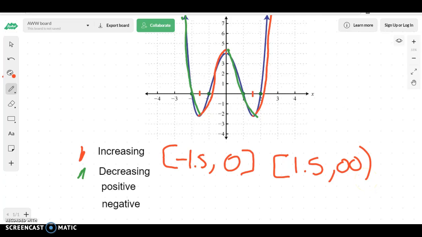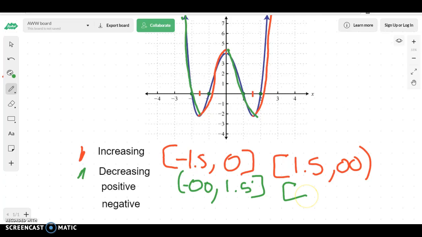Okay? Now let's look where it's decreasing. It looks like it's decreasing from -infinity all the way to that point that we had at -1.5. So all the way from -infinity to 1.5.